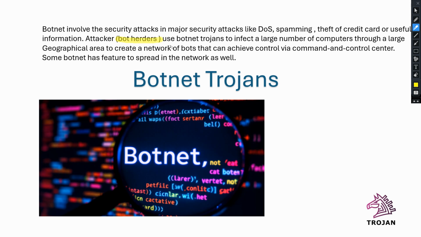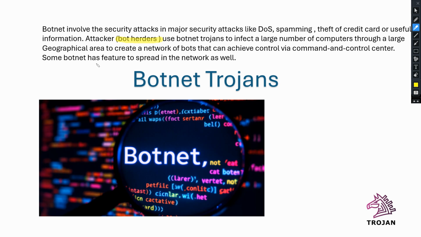Attackers, these are known as bot herders, use Botnet Trojan to infect a large number of computers through large geographical areas to create a network of bots that can achieve control via command and control center. Some botnets have features to spread in the network as well.